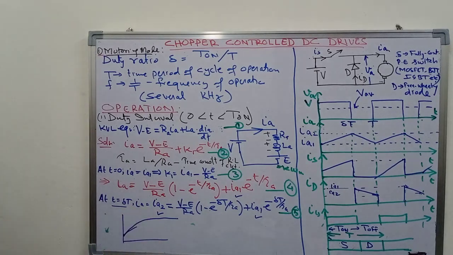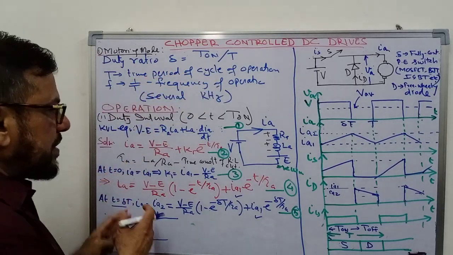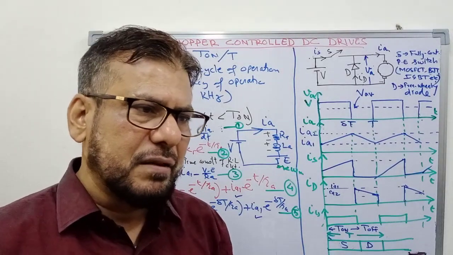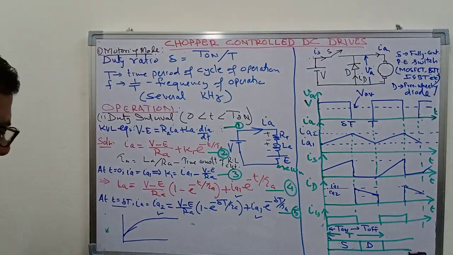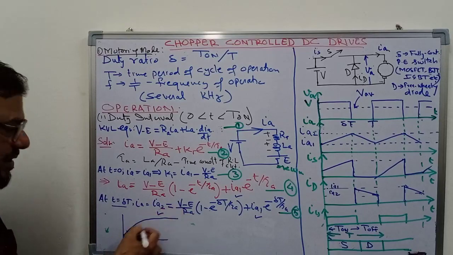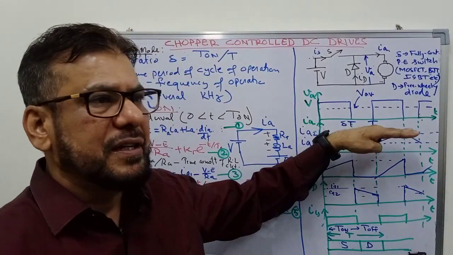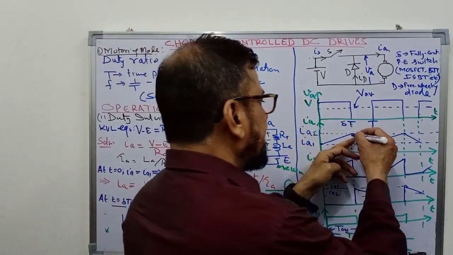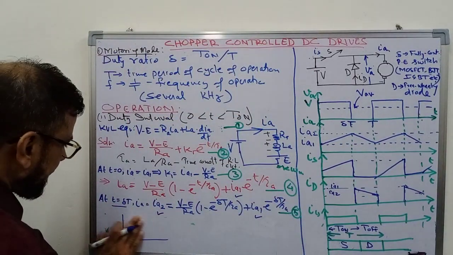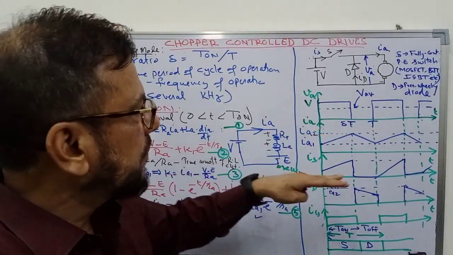But as I have said, we have to keep the frequency very high, and the on period is much smaller than the time constant of the circuit. In that case, it is only a small part of this rise. So the initial part is always linear, later on it becomes non-linear. That is why I have shown it like a straight line, because it is a small part of the whole time constant. So this can be said to be linear.